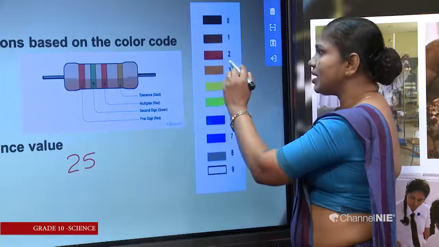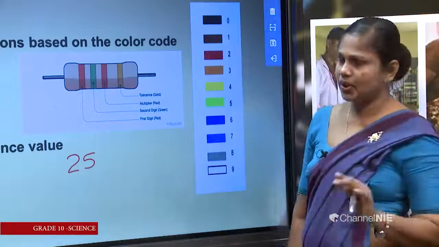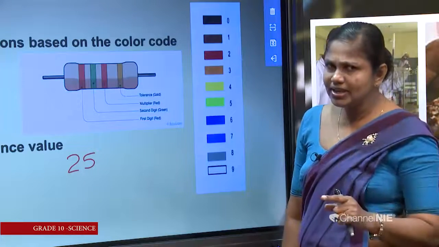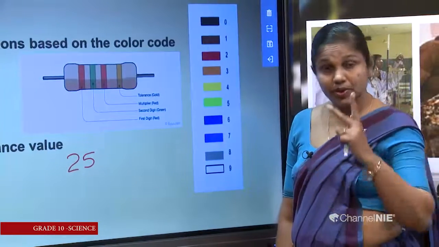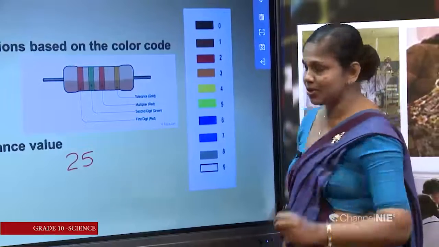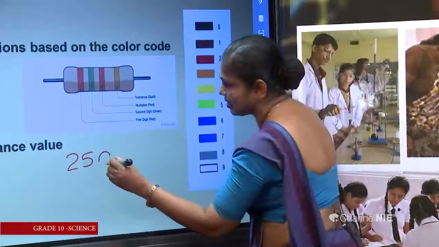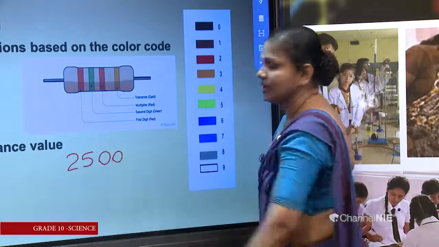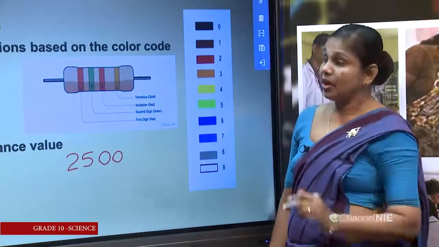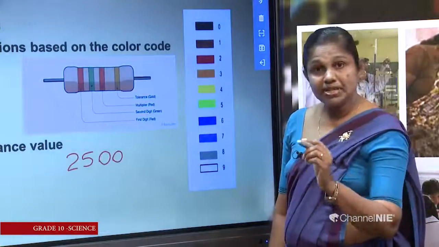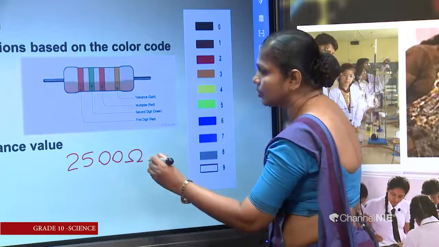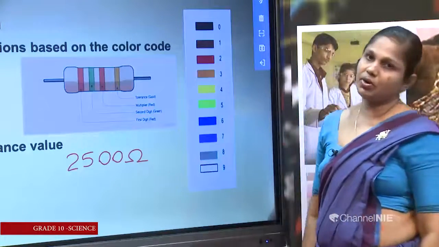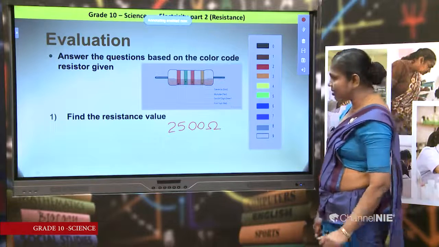Now do we put 2 here, children? No. Instead of putting 2, we must put 2 zeros at the end. See. That means the value of this particular resistor is 2500 ohms.